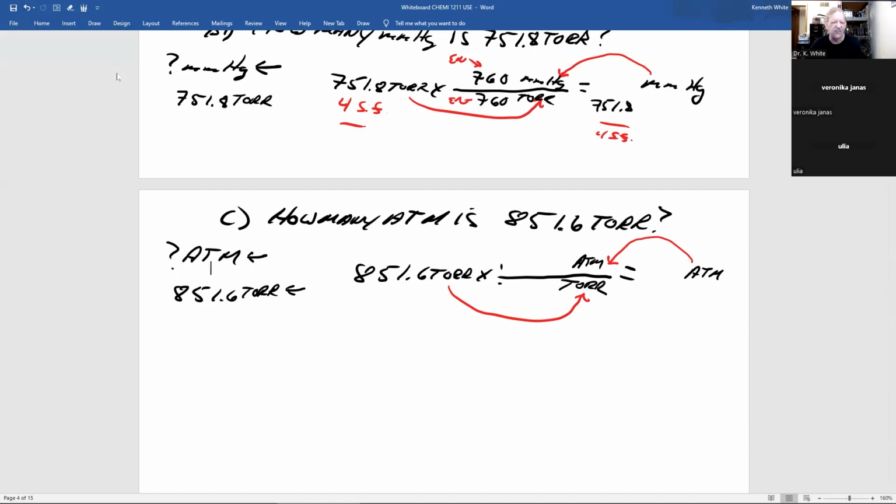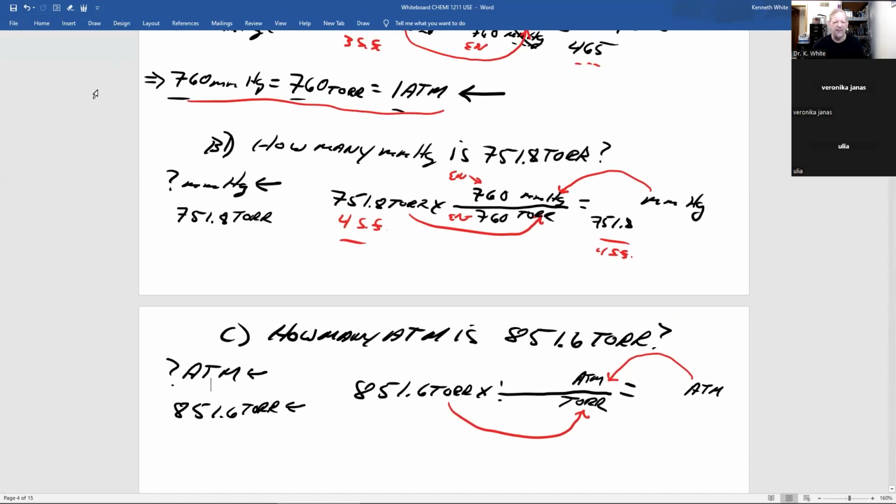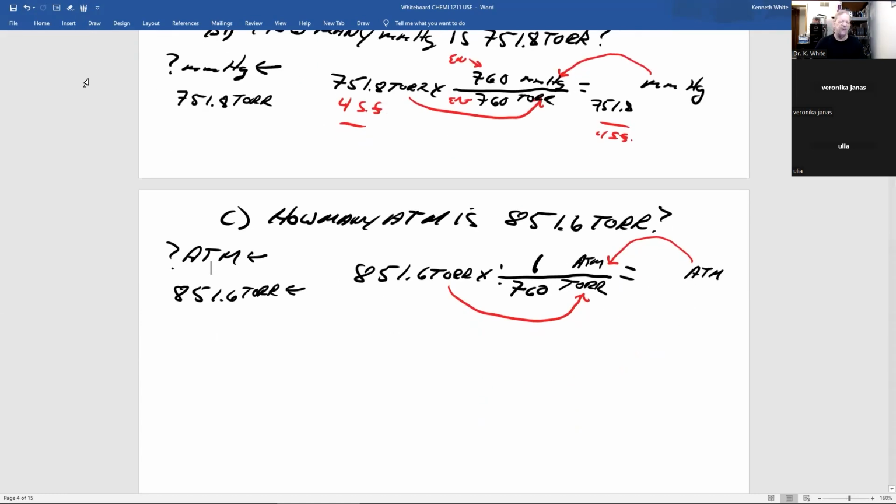And where do I get these numbers? You'll be given this in important information, test number 3: 1 atmosphere is 760 torr. And now before I pick up my calculator, notice torr divided by torr, anything divided by itself equals the number 1.